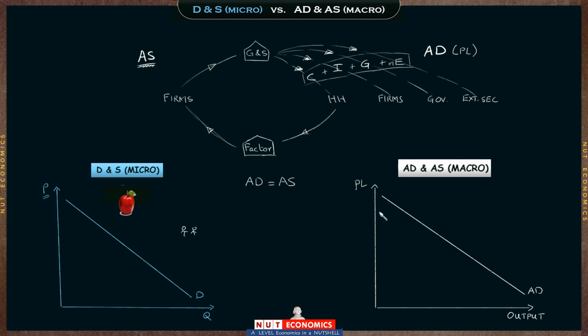This model is telling us that when price levels in the economy fall, when the average price of all the things becomes lower, then the four sectors together start demanding more of the country's output.